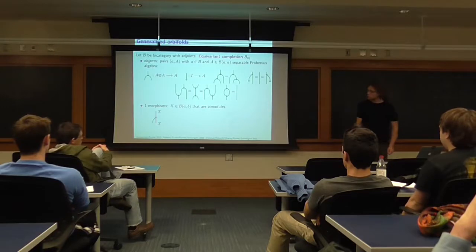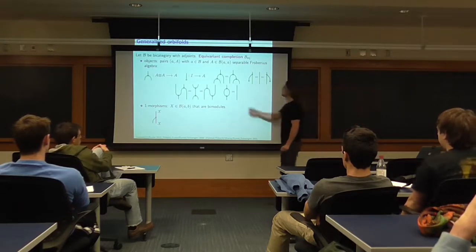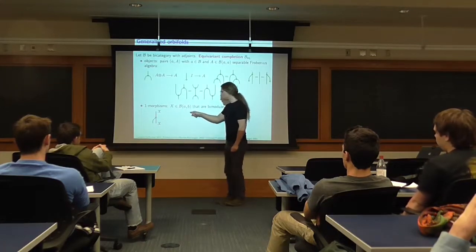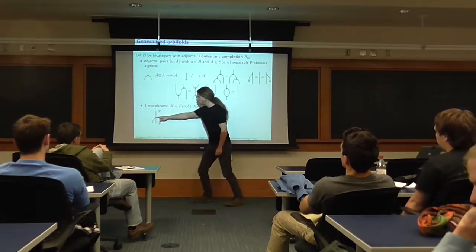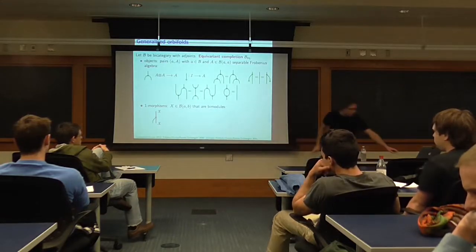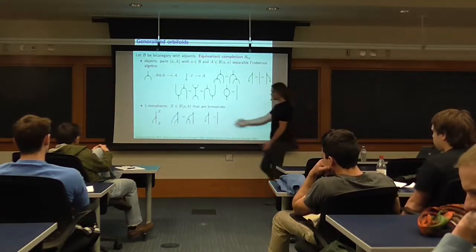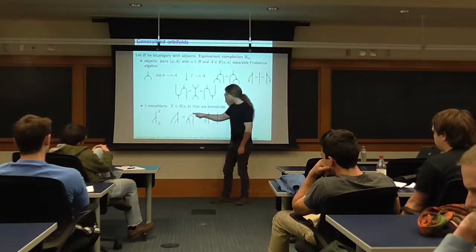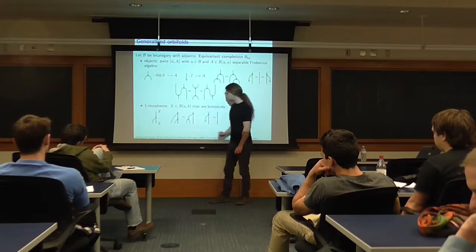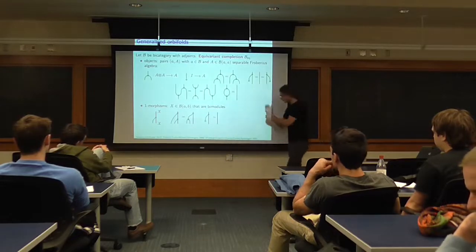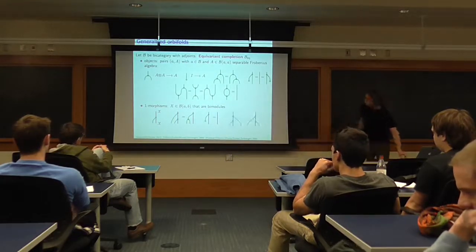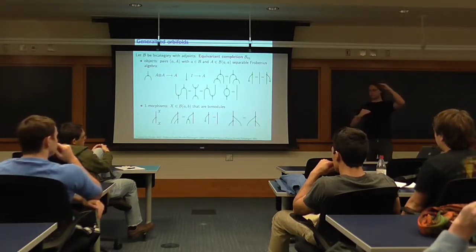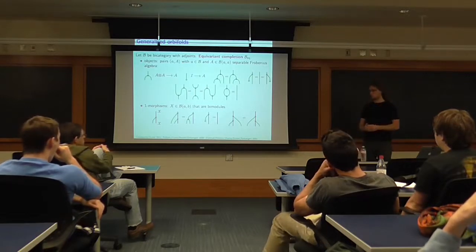So a bimodule between A, A and B, B would be an X that goes from A to B, such that there's a left action of B, and it has the usual properties of a left module, so you can either first multiply and then apply, or you can apply and apply, and that should be the same, and it should be uniform. Same for the right action. And these left and right actions, of the defect A to the right and B to the left, they should commute. That's what it means to be a bimodule.